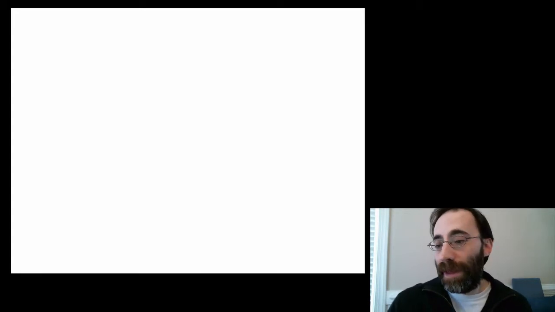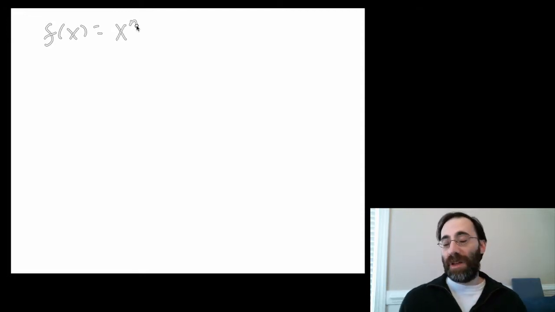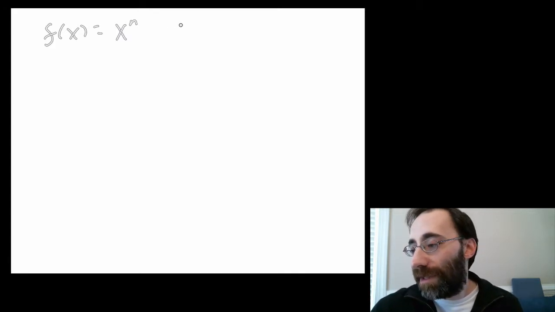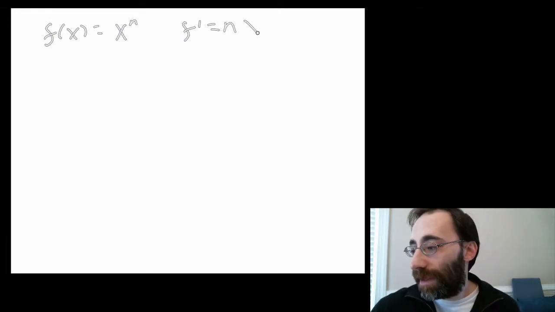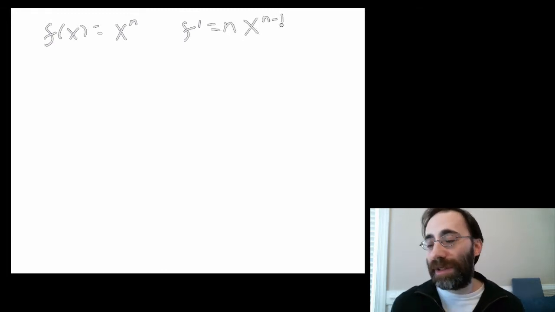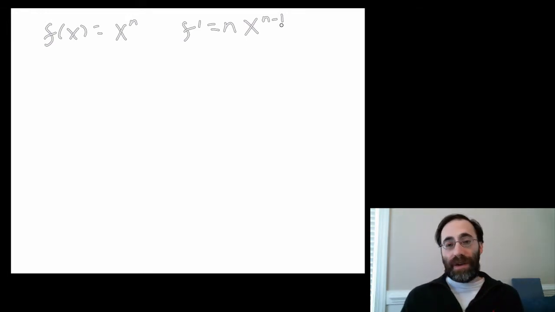So if you have a function that is some power of x, you can differentiate it. A simple way of thinking about this is that the derivative is just what you get when you pull down the exponent to the front and then subtract 1 from the exponent for the new exponent. And there's that derivative. There's no other rules you need to apply.